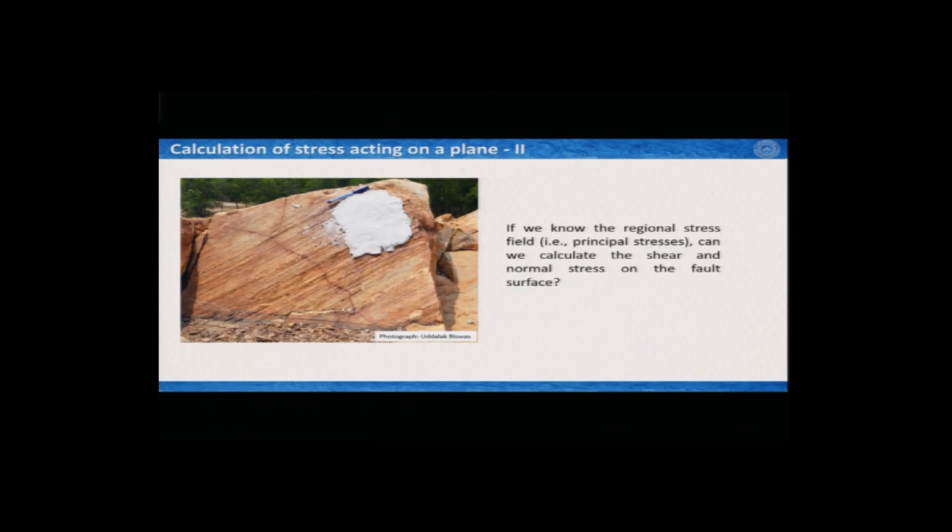Now, what we see here in this photograph is a sheared surface, a fault surface, and all these striations that you see are known as slicken lines. We will learn about it later. And this white thing that you see here, we have done in the field just to take a cast of these slicken lines for a different purpose. So, it is still there.